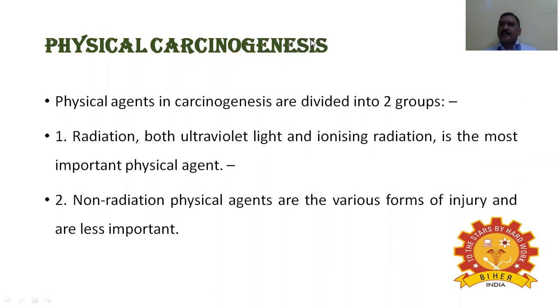One, radiation, that is both ultraviolet light and ionizing radiation, is the most important physical agent. The second type, non-radiation physical agents, which are various forms of injury, are less important.